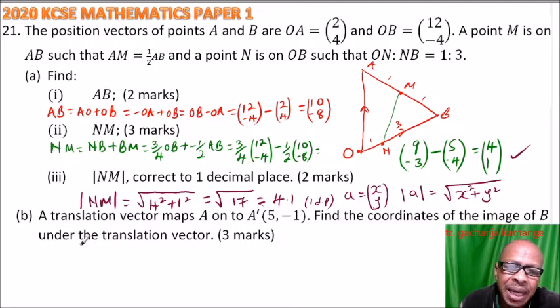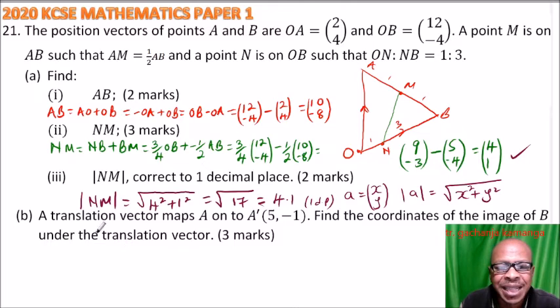In part B, we are required to, a translation vector maps A onto A prime 5 minus 1. Find the coordinates of the image of B under the same translation vector. A translation vector is when you move the position of a point or an object from one place to the other.